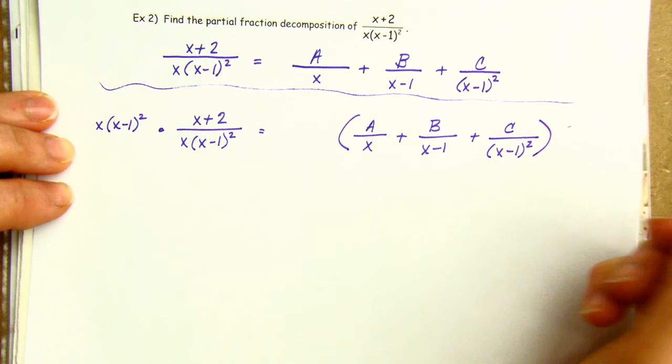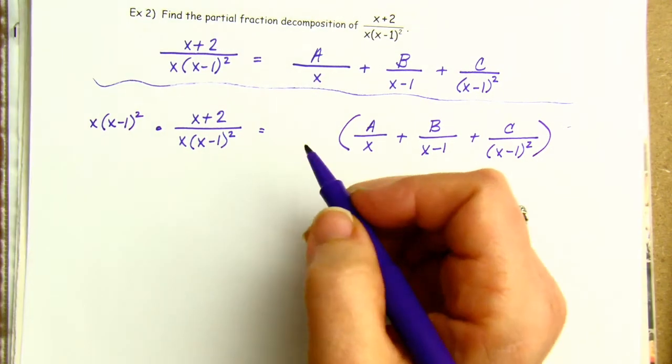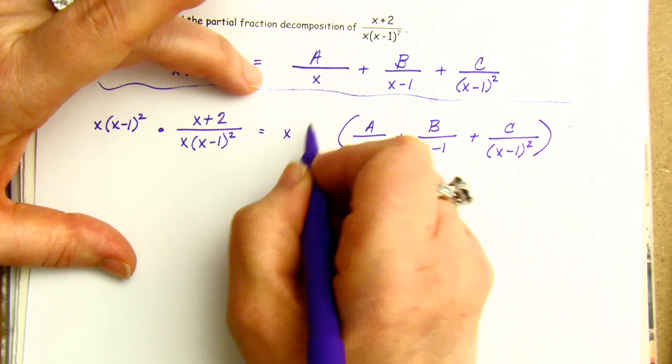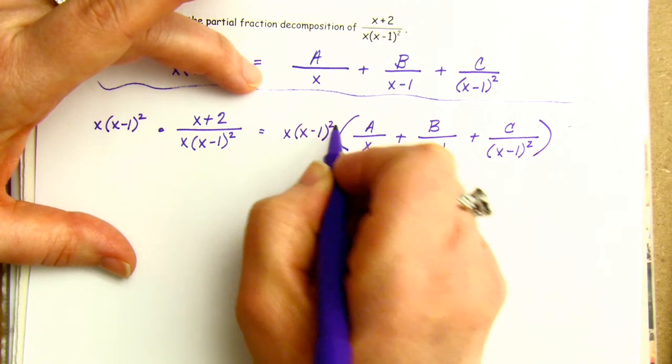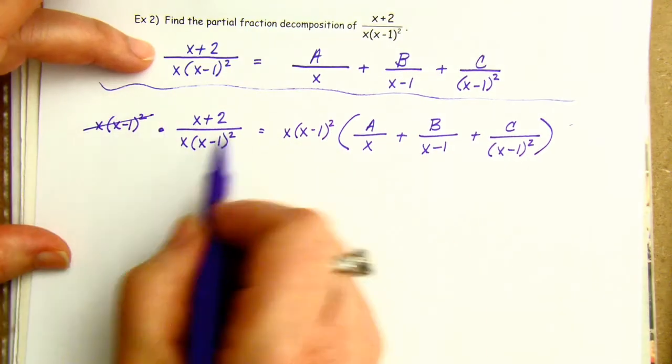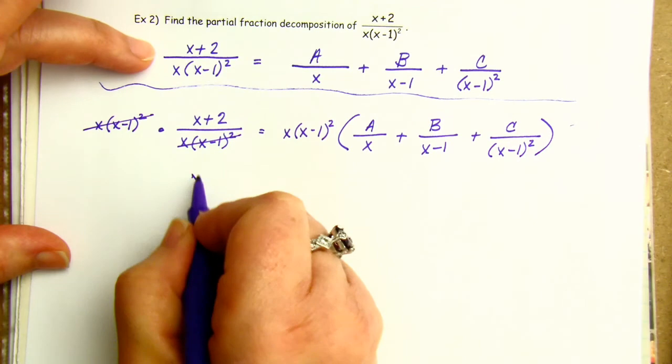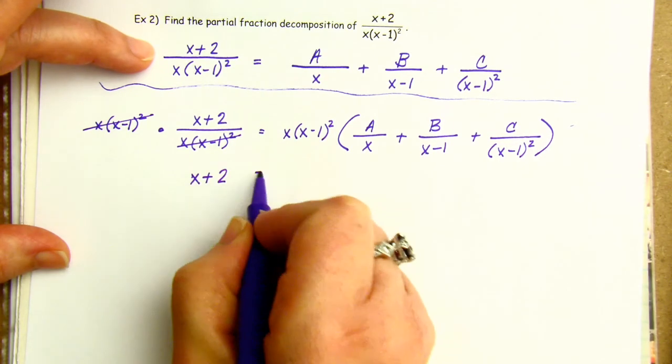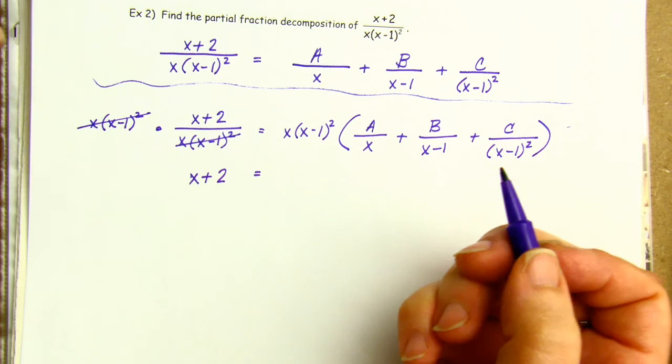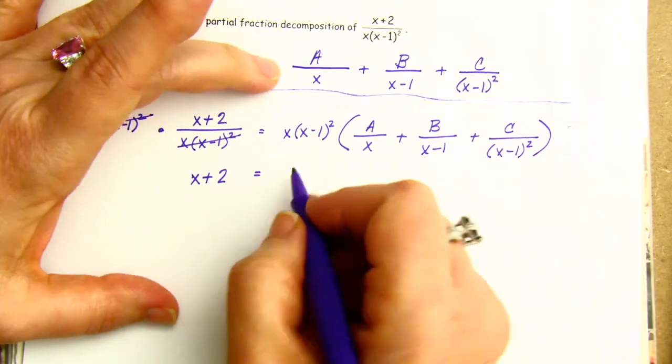Group those partial fractions on the right. That's going to divide out, leaving me with x plus 2. When I distribute, this becomes a times quantity x minus 1 squared.